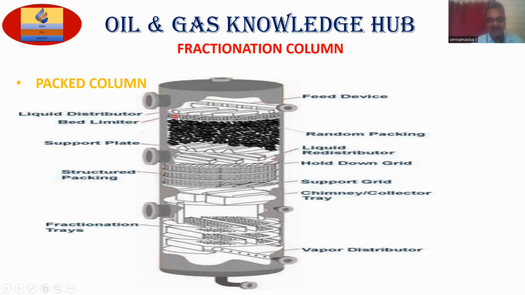From the distributor, different products will enter inside, only one product will enter inside, different products will go outside. Support plates. What for support? The structured packing. This is the vapor distributor, fractionation structures. So this is what a packed column is about.